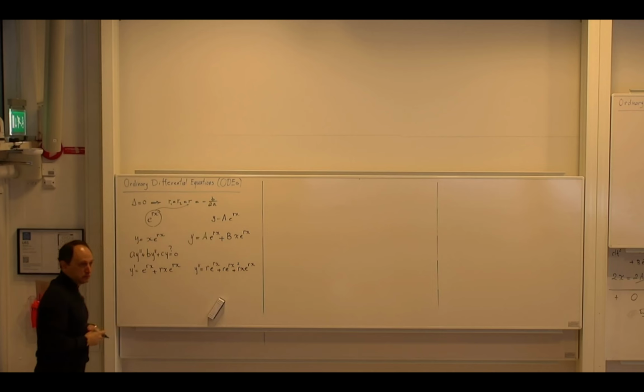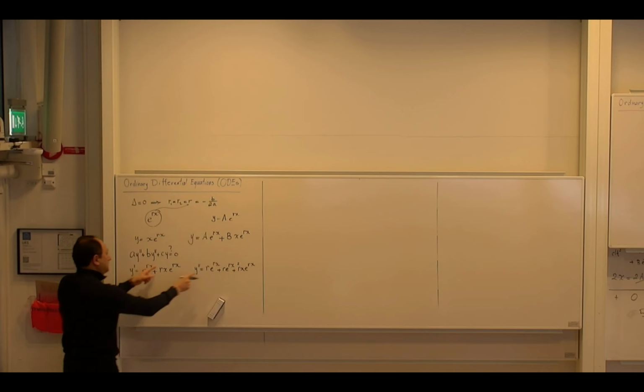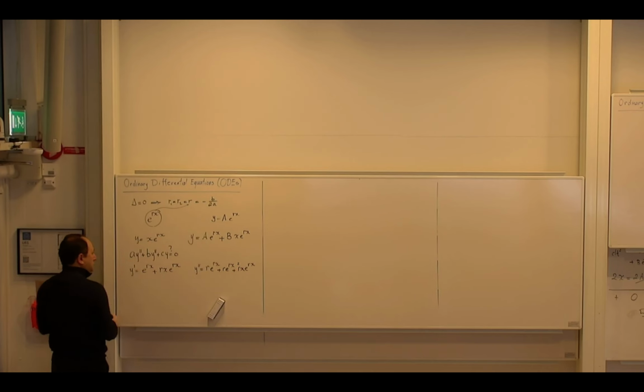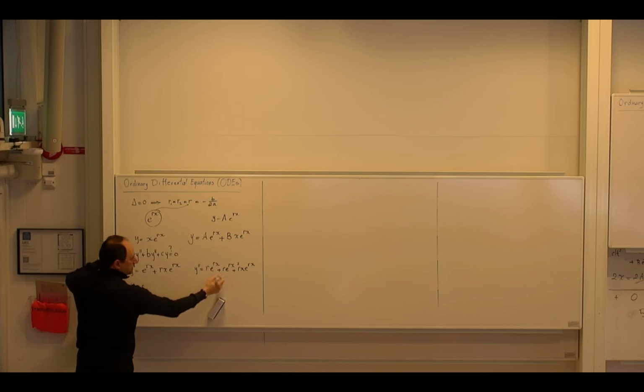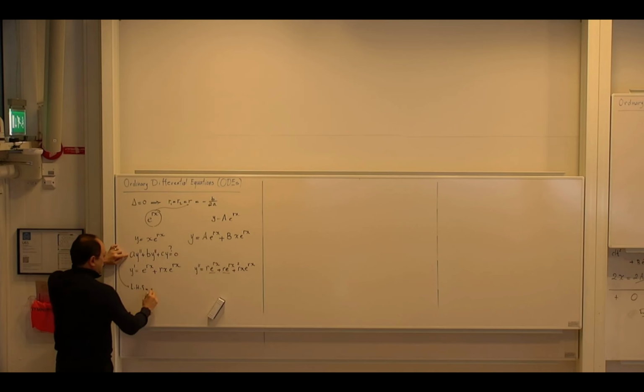Okay, so let us plug these into this equation. The left hand side becomes a times this expression, and by the way, you see that they are the same, so it becomes 2r e to power rx. I multiply it by a, so it becomes 2ar e to power rx.